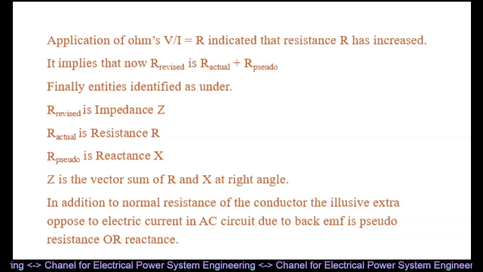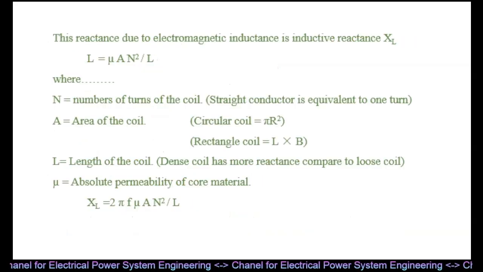In addition to the normal resistance of the conductor, an elusive extra opposition to current in an AC circuit due to back EMF is pseudo-resistance or reactance. This reactance due to electromagnetic inductance is inductive reactance XL.